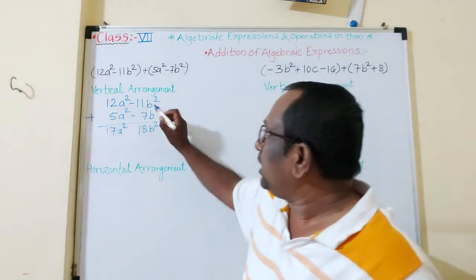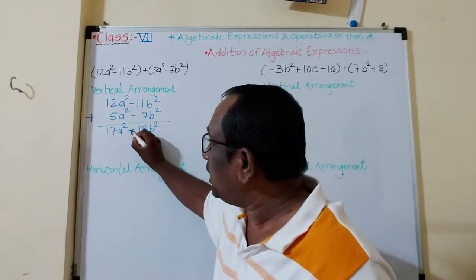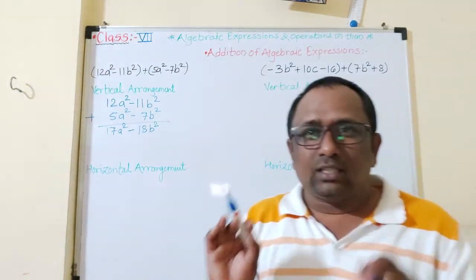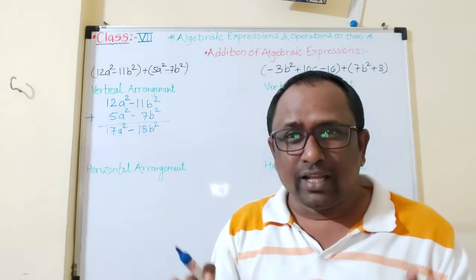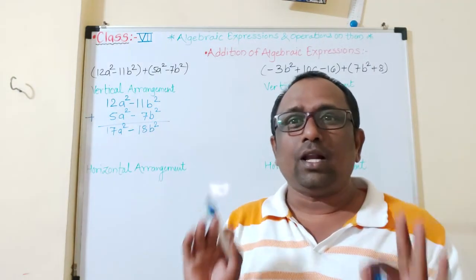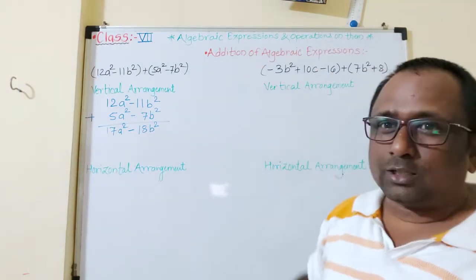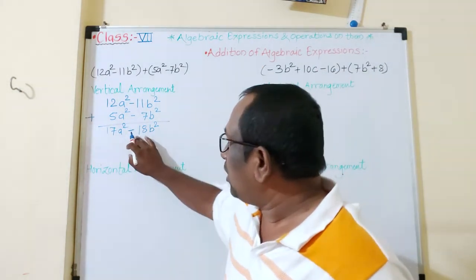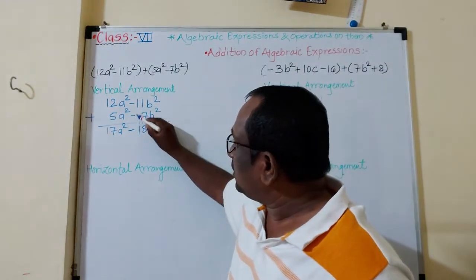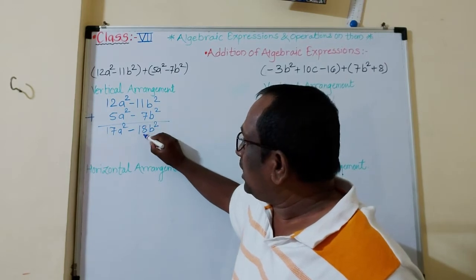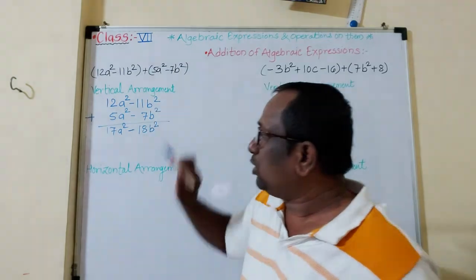So here 11 is the bigger number, having which sign? Minus sign, so give the minus sign. Only in algebraic expressions, if you take care of these signs, then there is no problem. Very simple algebraic expression. In 8th standard also you have algebraic expressions, so keep these things in mind. Minus minus plus, okay, 18, but what is the bigger number's sign? Minus, the bigger number is 11, so we have to give that sign.